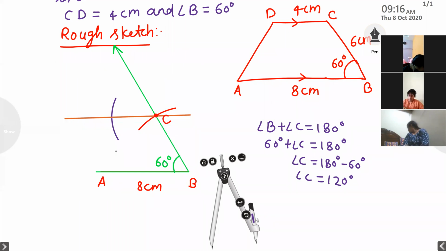This angle will be 120-degree. Again, this point is D point. Join D point and A point.